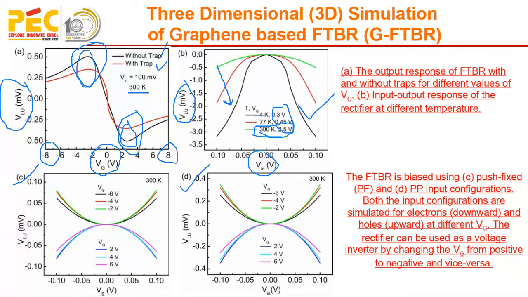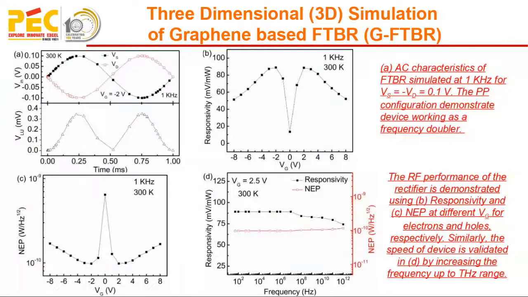So when you apply 1 volt at the source terminal, we apply -1 volt at the drain terminal, and this is called the push-pull response. This response has been noted for different values of Vg. For holes and electrons, we have plotted the characteristic. The hole and electron characteristics are mirror images of each other. So when we change the value of Vg, the device could work as a NOT gate, both for the push-pull and the push-fixed response.